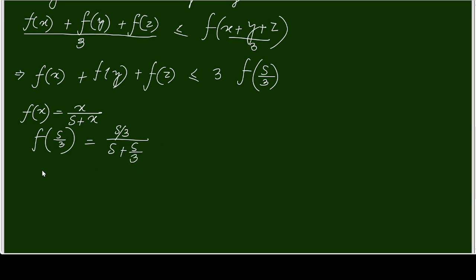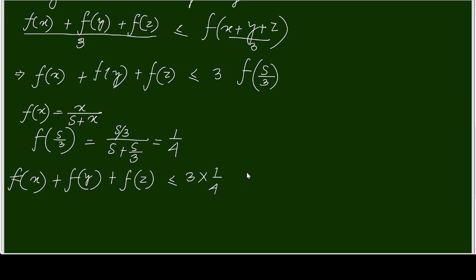So now replacing this, it will be 1 by 4. So f of x plus f of y plus f of z is less than or equal to 3 into 1 by 4, that is, less than or equal to 3 by 4. So we are able to prove it.